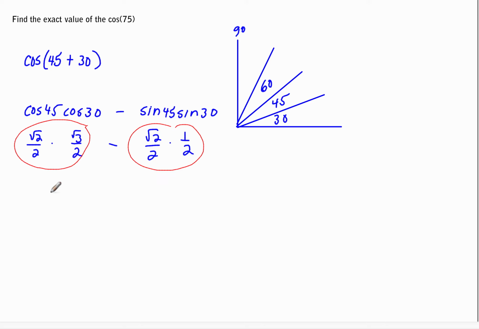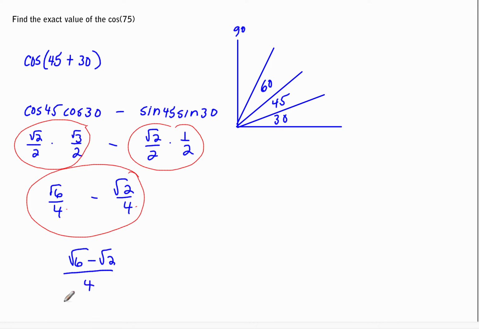So this becomes radical 6 over 4 minus radical 2 over 4. And now, since we are indeed subtracting fractions, we must have common denominators. Well, thank you, Lord, there are. And this is our final exact answer for the cosine of 75.